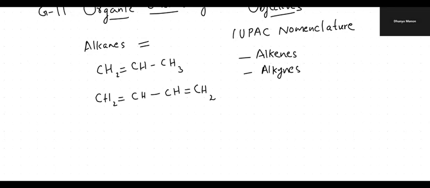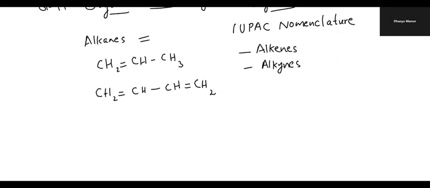Yes. And in the previous video, we learned because of the catenation property of carbon, it can form long chains of carbon atoms, and it also has the property to form double and triple bonds. So this is an example where carbon is forming double bonds.